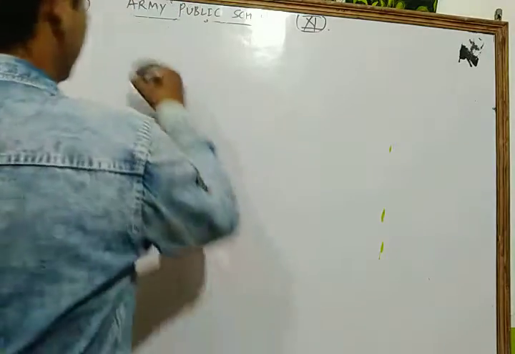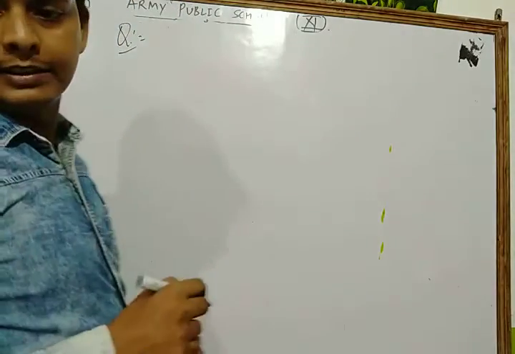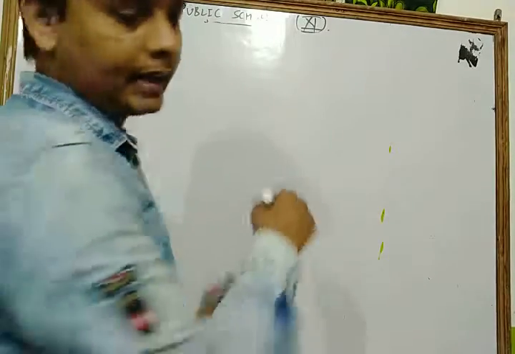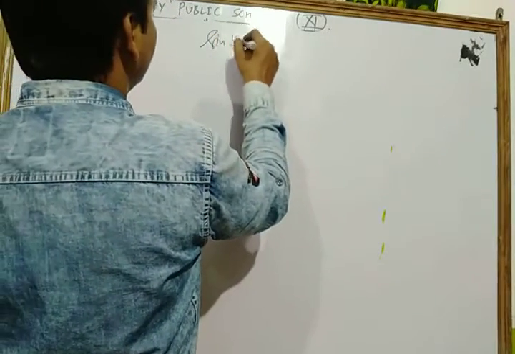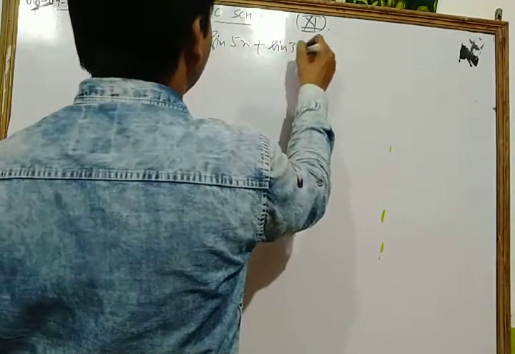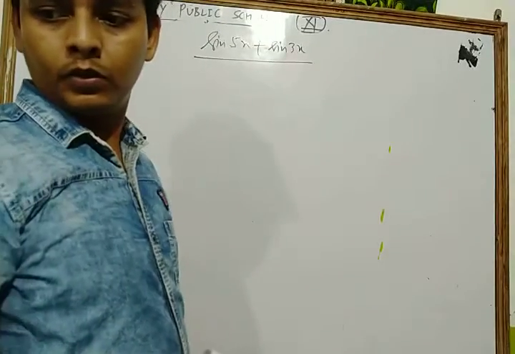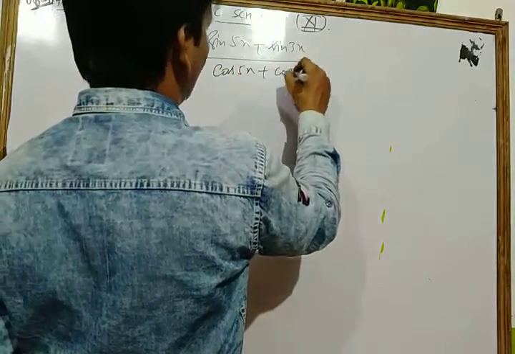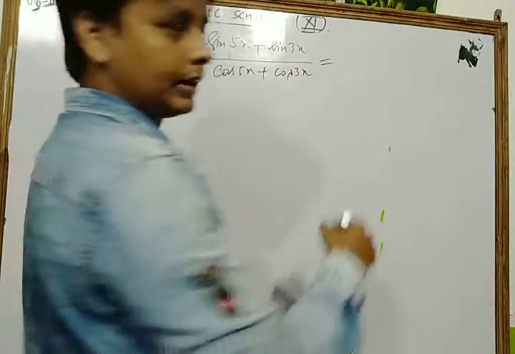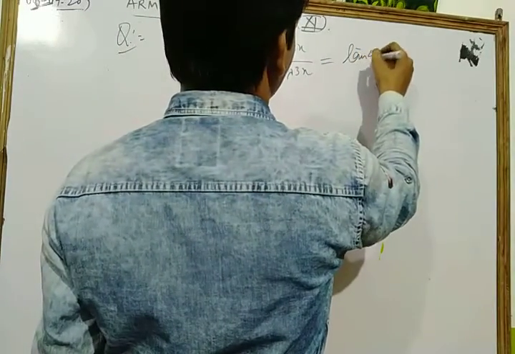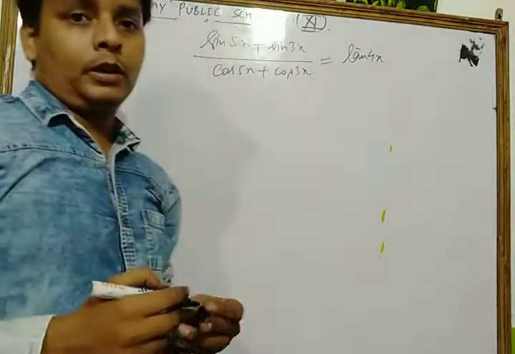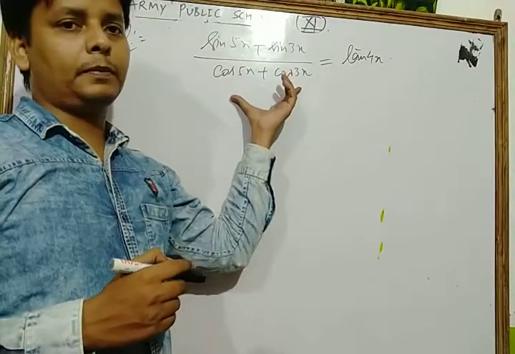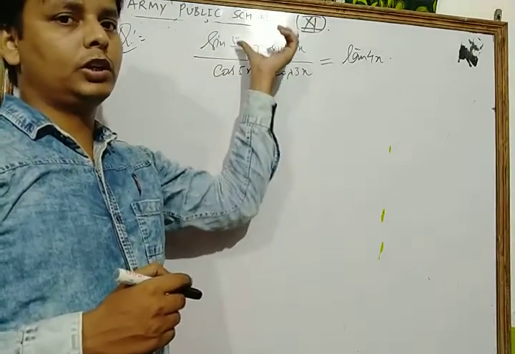We take a simple question of your NCERT exercise. Let's see. We have to prove that (sin 5x plus sin 3x) upon (cos 5x plus cos 3x) is equal to tan 4x. You have to show this. So we apply the formula in both the numerator and denominator.